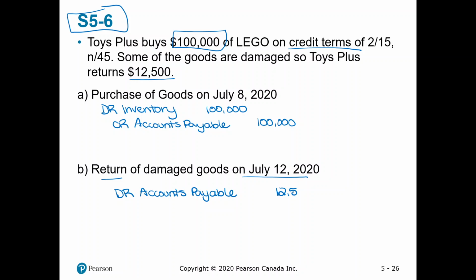So we debit it for the $12,500, which was what we returned, and credit inventory. We gave these items back, therefore we need to decrease the amount of inventory that we have. So we're never going to have to pay them, decrease AP, and we got rid of those items, so credit inventory.